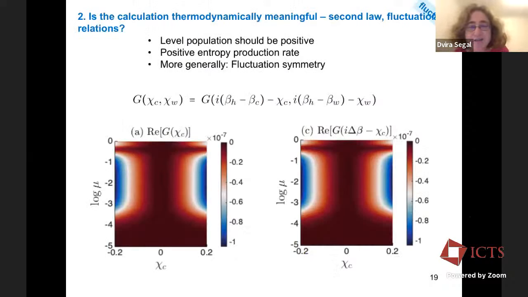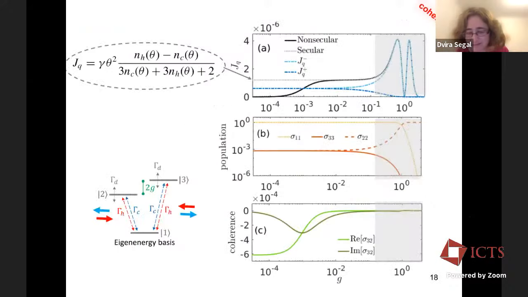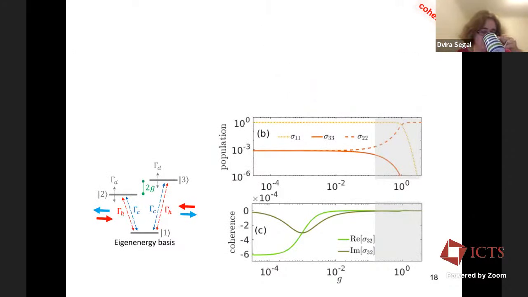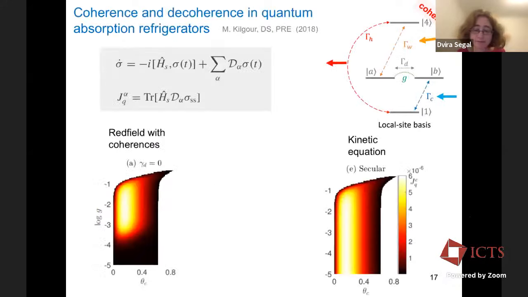I think Archak has a question if it's related. Hi. So in the previous case, when you had this color plot with written secular, do you mean that you actually removed the coherences by hand, or did you actually tune a parameter in your setup to get rid of coherence?